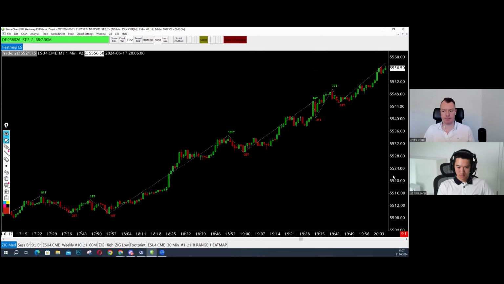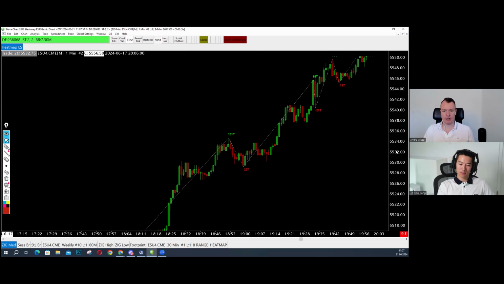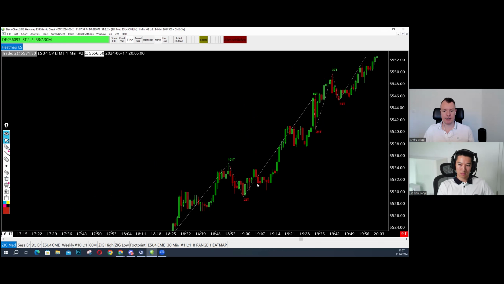And here we see the market goes up, up, up. And here, for example, we have a pullback, a color switch, and there would be our entry, and we could take the trade. Also, we could enter our trade here after this pullback.